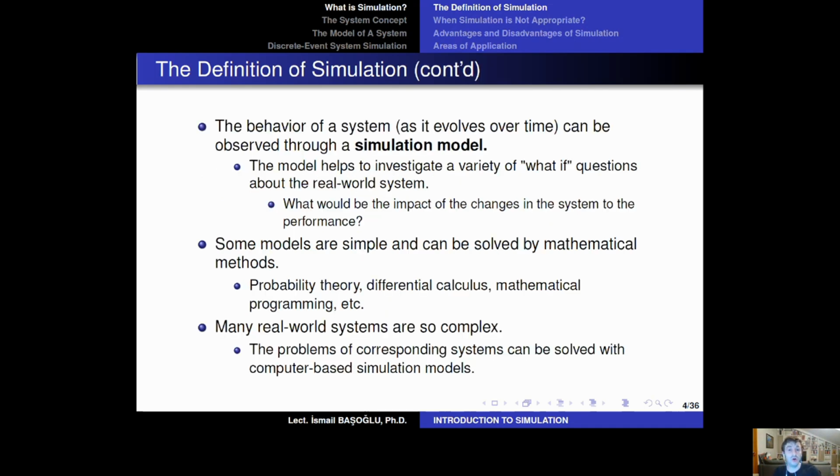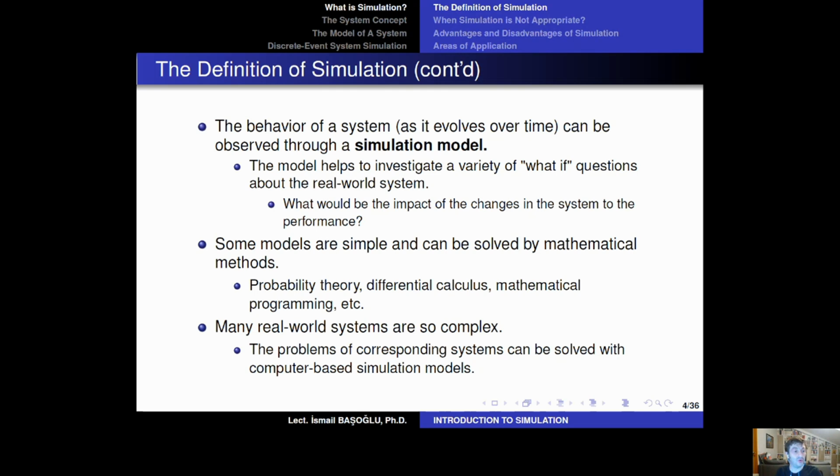Okay. So how can we observe the behavior of a system as it evolves over time? Either you can observe it directly, but if this system is a slow-moving system, it is just going to take some time to understand the behavior of the system.